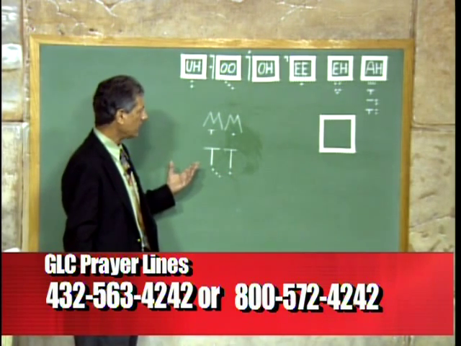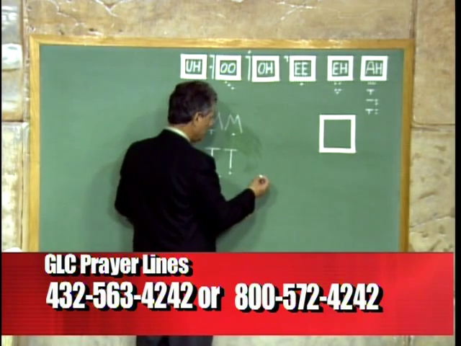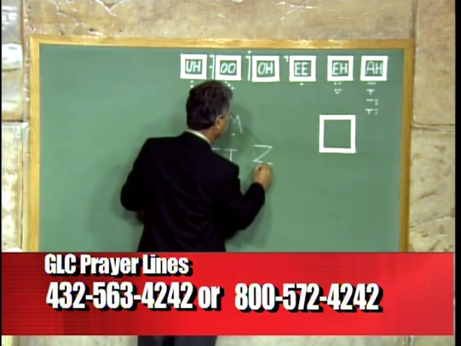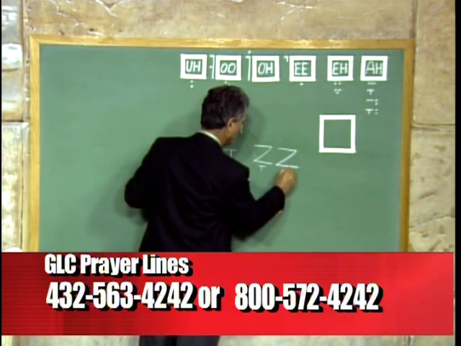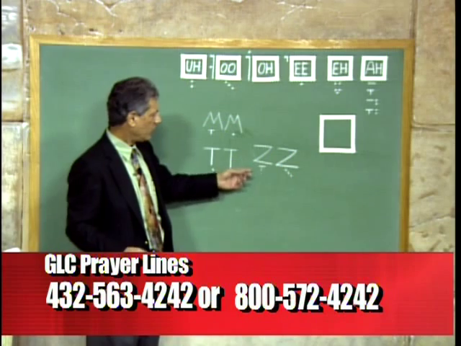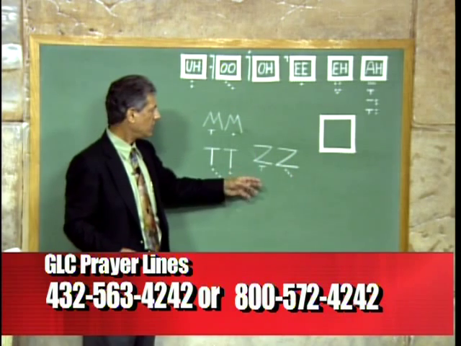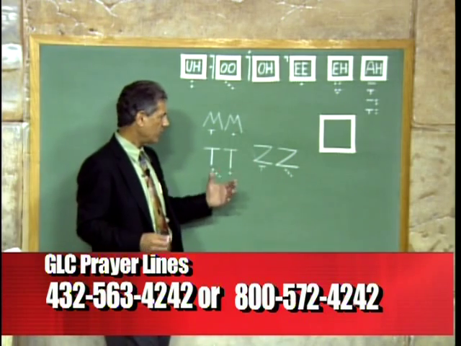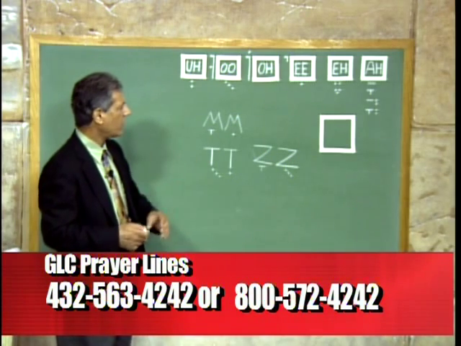Just simple things like that. How about something like this? What would that be? I have the letter Z with an A sound, and as you recall, that will be za. I have the letter Z with a U sound, that will be zu. So just playing with that will give you a little more understanding of how this system works.